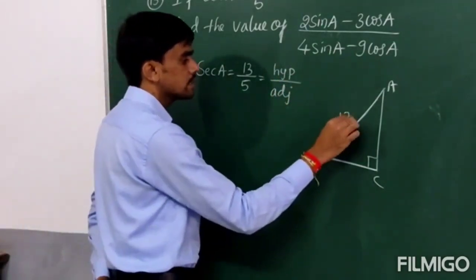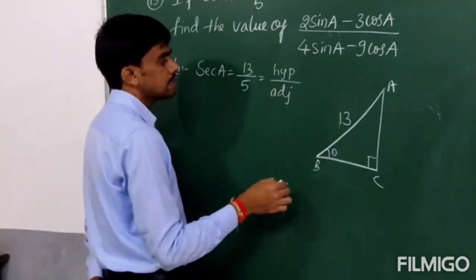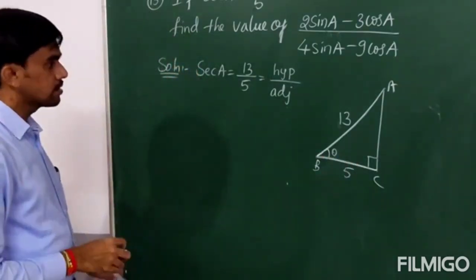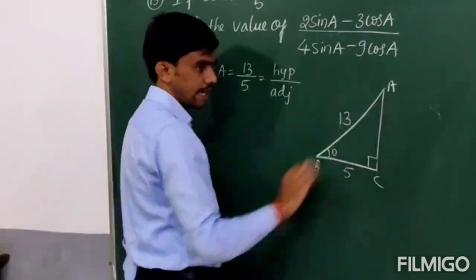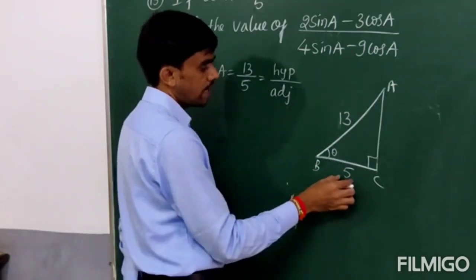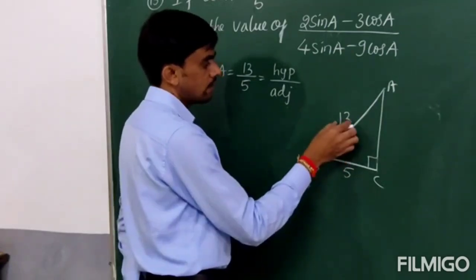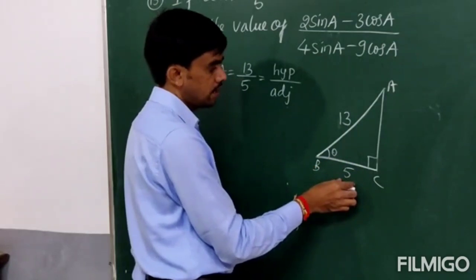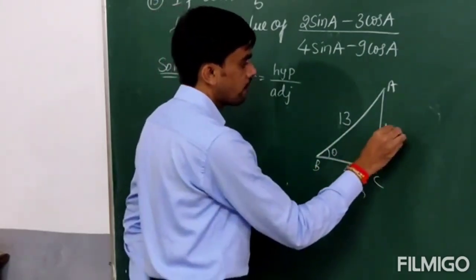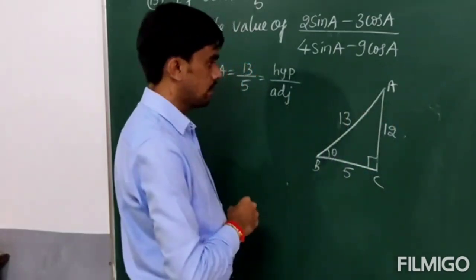So hypotenuse AB is 13, adjacent side is 5. We have to find the opposite side. 13 squared is 169, 5 squared is 25, 169 minus 25 is 144, root 144 is 12. Therefore, opposite side AC is 12.